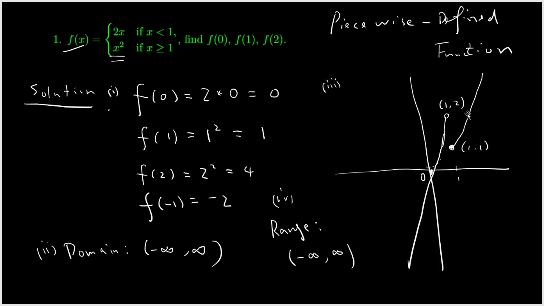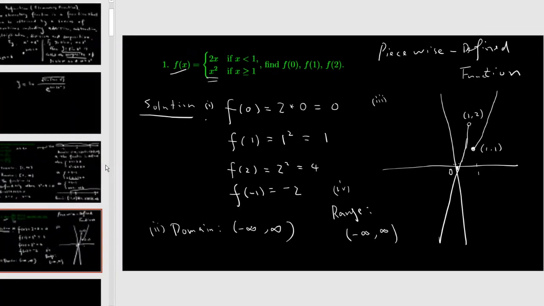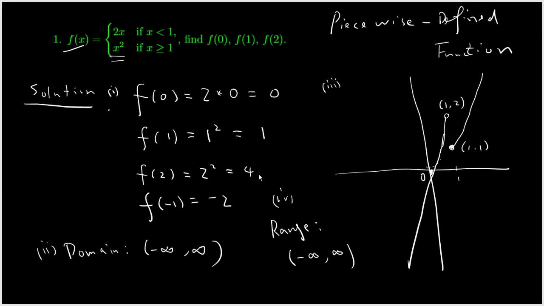In particular for the graph, I really do not want you to draw something like this. Part of the parabola, part of a straight line. That's not the graph of a function, right?